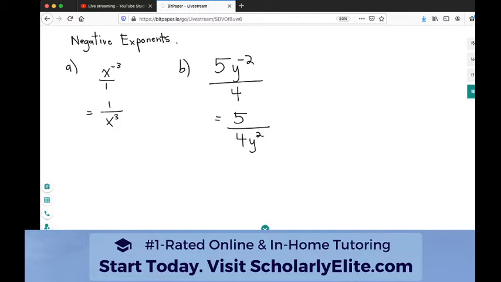Let's take a look here. Let's do a problem such as this one. So say I've got b to the -3 times b to the -2. So using our product rule, if you guys remember from grade 9, and actually if you're not feeling confident about your exponent laws, I did the base exponent laws with the grade 9s today.